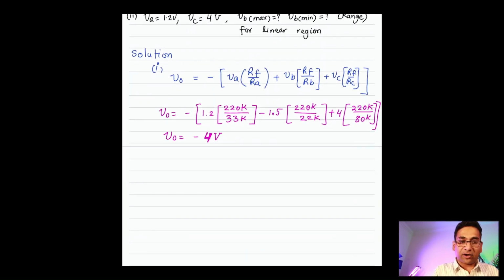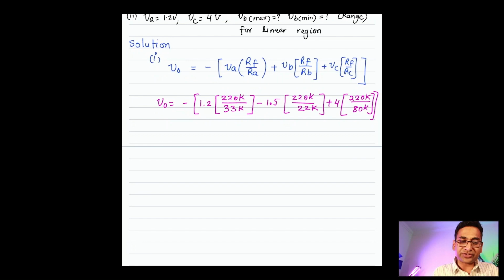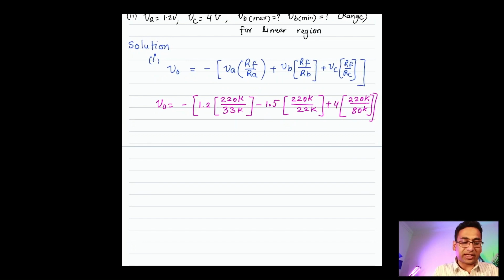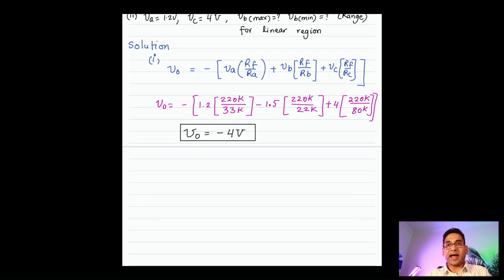All you have done is to recall the equation. Just two steps to this. Recall the equation. VO is negative 4 volts. So we have recalled the equation that Aguilar has given. That's the first part of the problem.